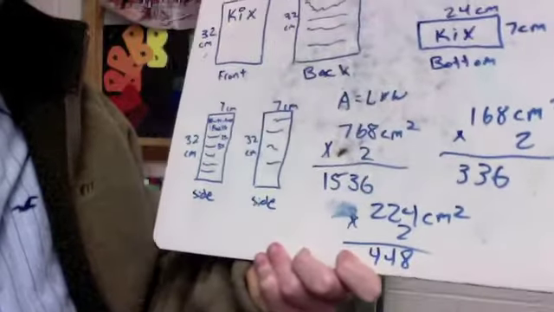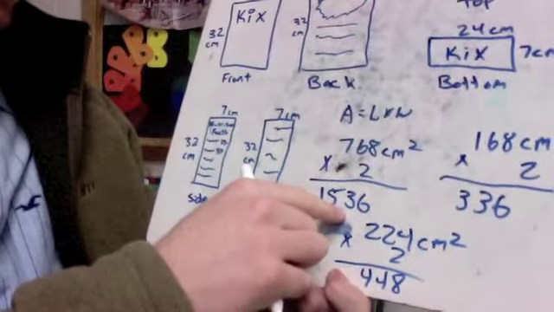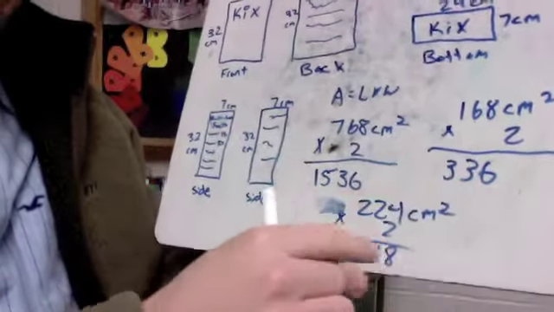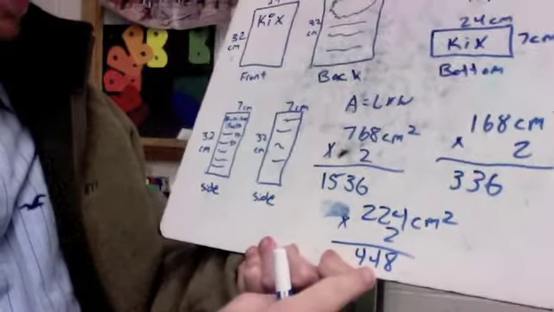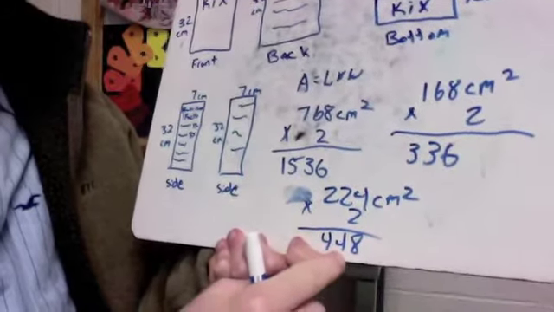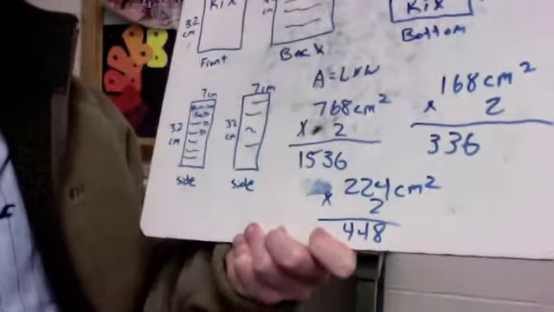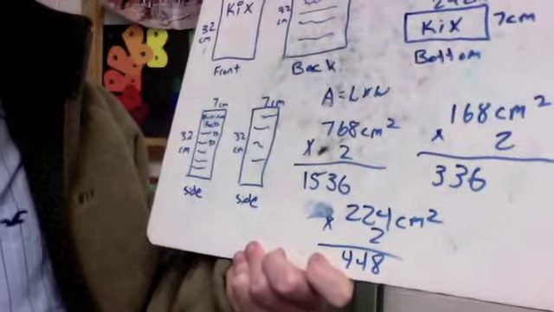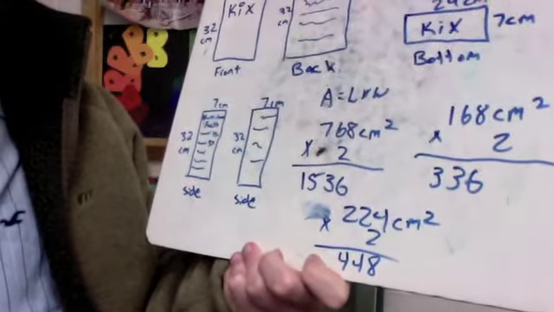So now we've got our area for the front and the back, the top and the bottom, and the side and the other side. We've got 6 faces figured in here. Now we just need to add these all together, because we want to know how much cardboard this thing takes up in a grand total.